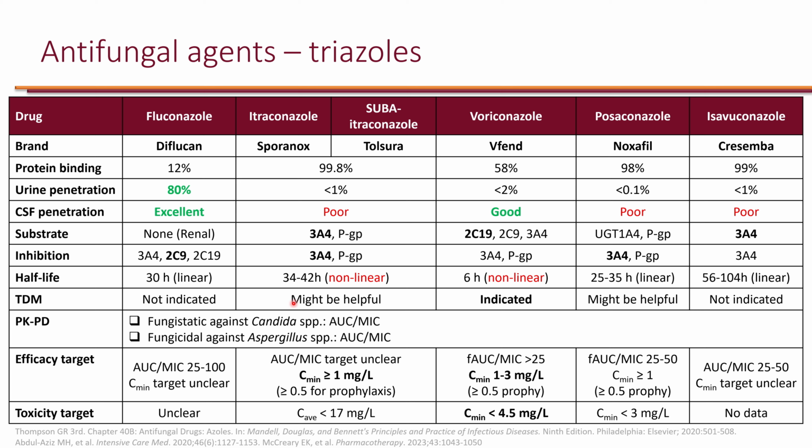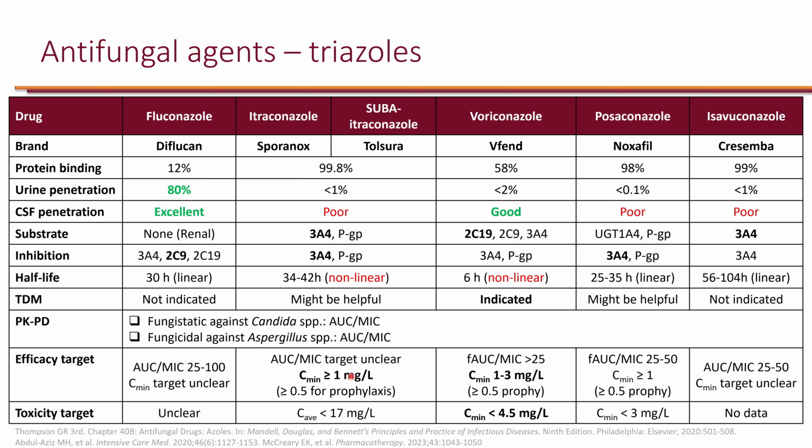And although the AUC to MIC target has not really been established for itraconazole, when it comes to TDM, it is recommended to have a trough of 0.5 for prophylaxis, and for treatment, a trough of at least 1.